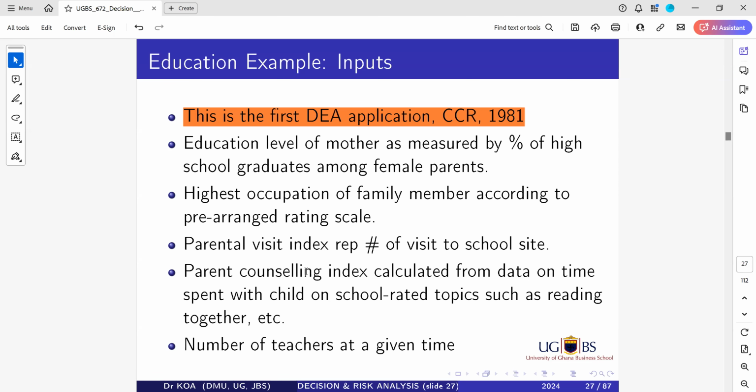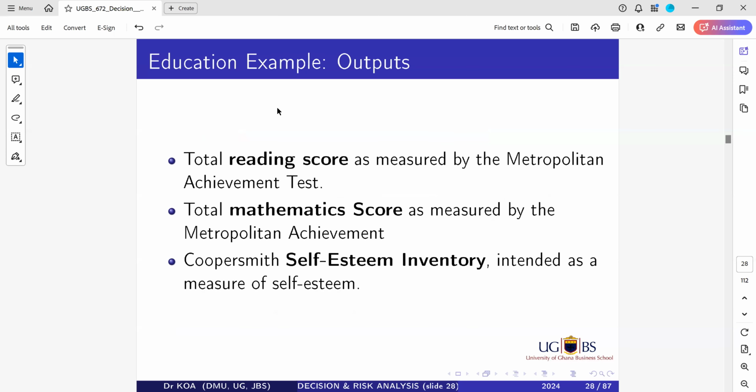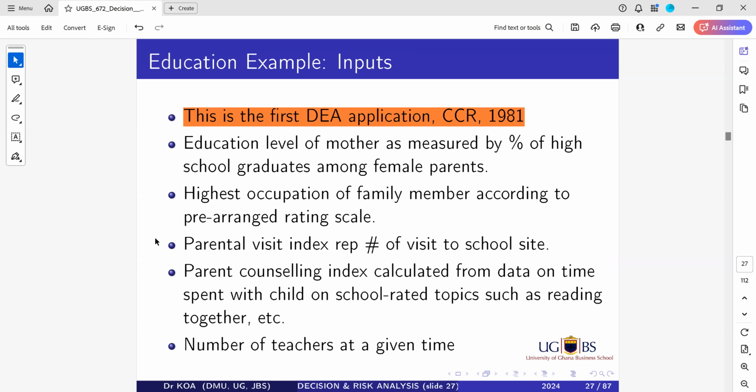Parental counseling index, the number of teachers, all of this. Now, what were the outputs? The outputs were reading score, mathematics score, and self-esteem inventory score. So this is like vocational skill score. Okay. These were the outputs. And for the output to actually be higher, the inputs were necessary. So for example, the highest occupation of the family member can determine whether the student is going to do well in the reading or math score.